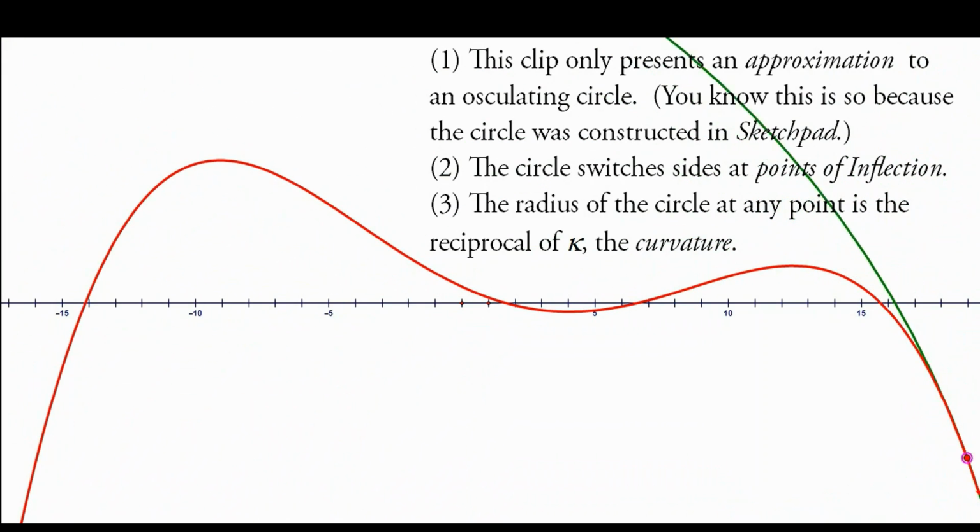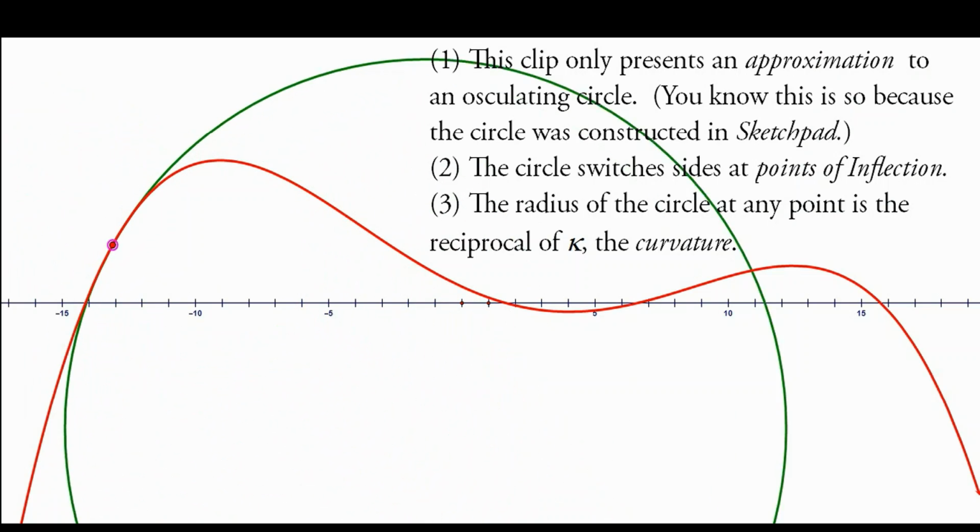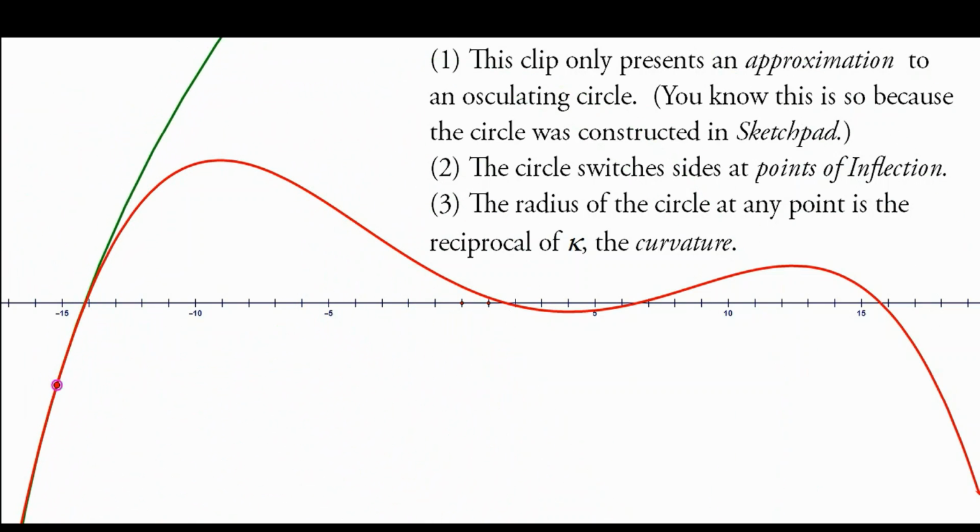You'll notice again that the curvature is largest when the circle is smallest. Those two have a reciprocal relationship, but when the curve is curving the most, that's when your curvature is largest. So up here at these corners, you're curving really fast and you get a pretty small circle. Out here towards the end, you have a circle with a very large radius.